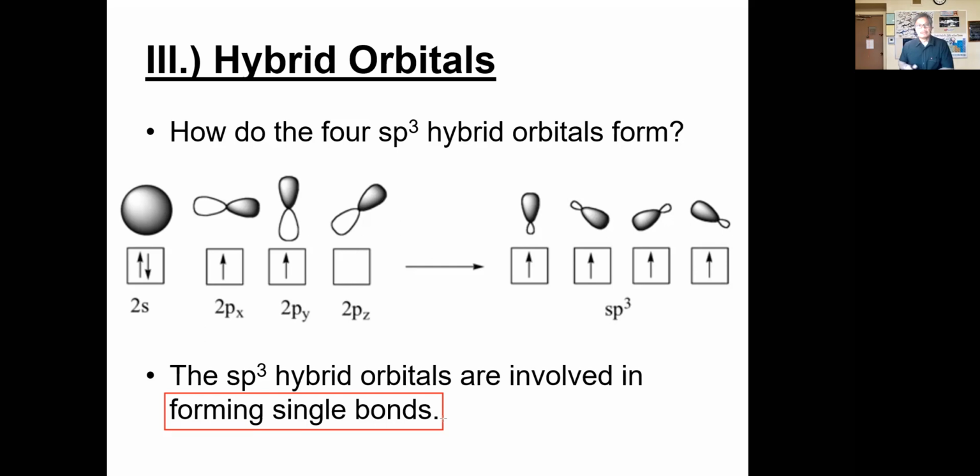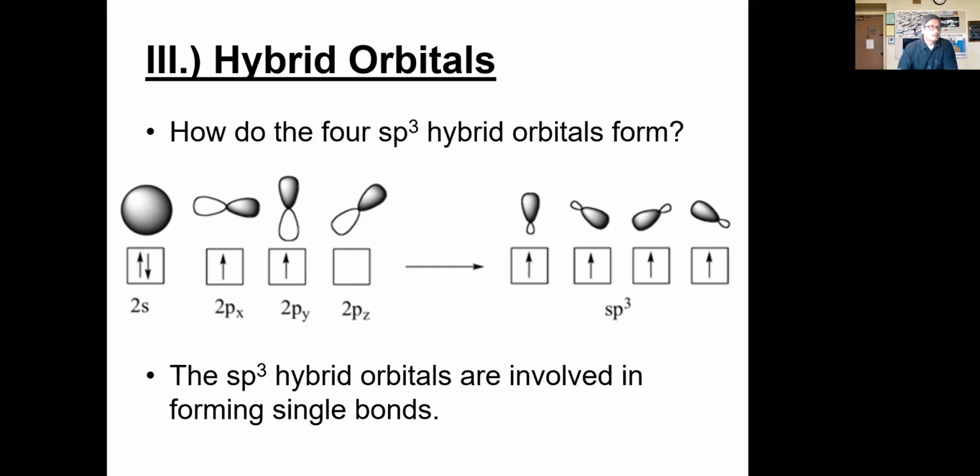Make sure you keep that in mind, because when we move on and try to use this, it will be very helpful. So sp3 hybrid orbitals always form single bonds.